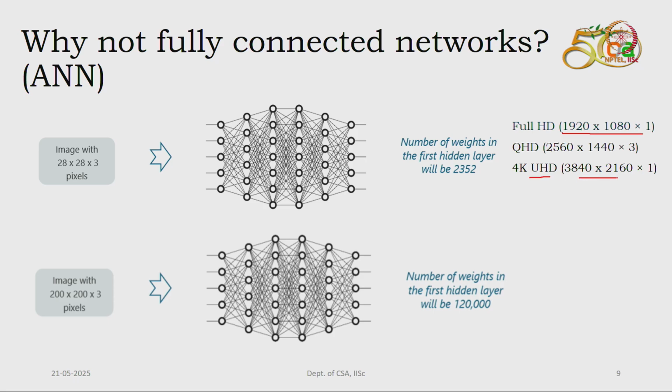So, from this, what are we trying to understand? Whenever we are dealing with images, we cannot go with a conventional multi-layer perceptron architecture. What is the reason?